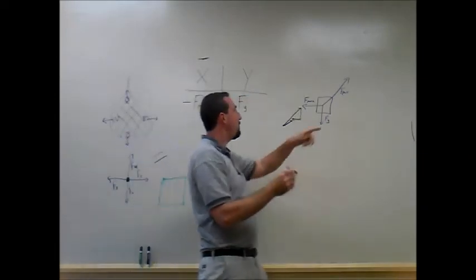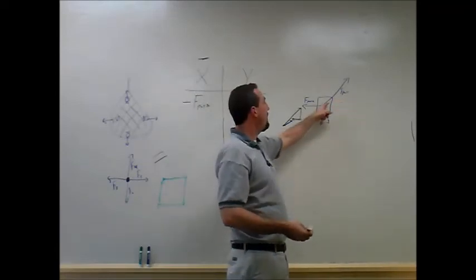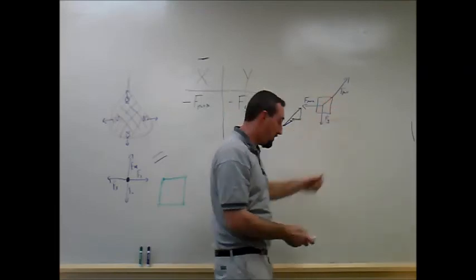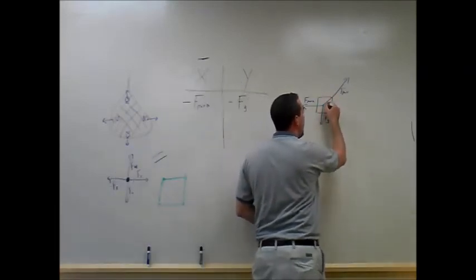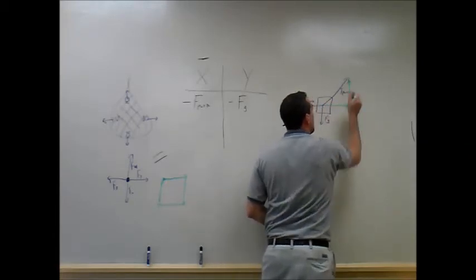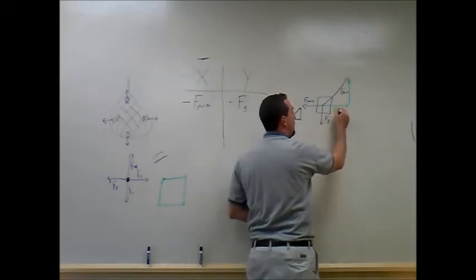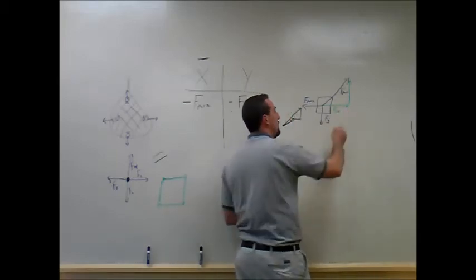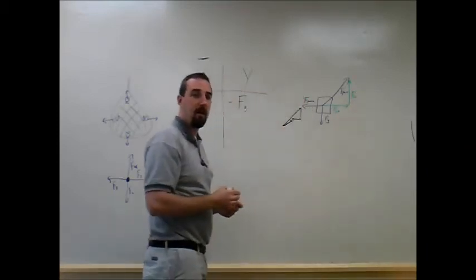But then I have force pull that's not going in the x or the y. It's kind of going in both. Well, we don't like things like that, so let's change it. Force pull is really doing two things. It's going over and it's going up at the same time. I can call this Fpx for F pull in the x direction, and this one Fpy, F pull in the y direction.